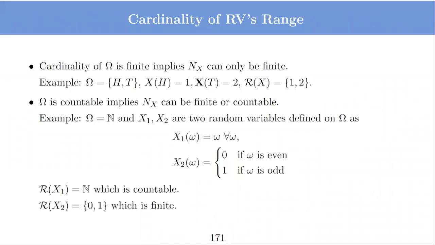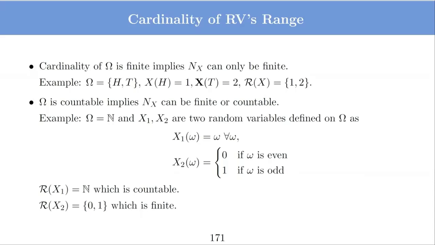If I define a random variable X1 such that X1(omega) is equal to omega, so if you pick 1, the random variable value would be 1. If you pick 2, the random variable will be 2, like this. So in that case, the range would be the complete natural number set. Okay, so in that case, the range is countable.